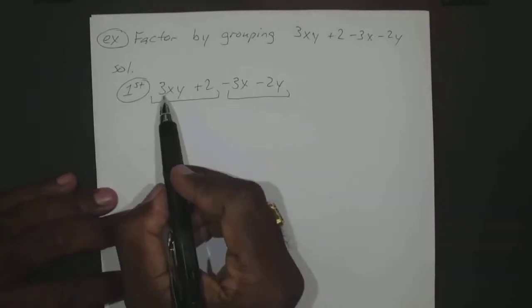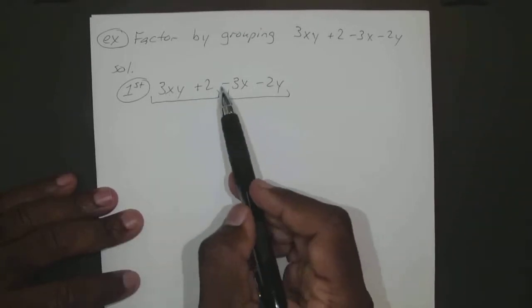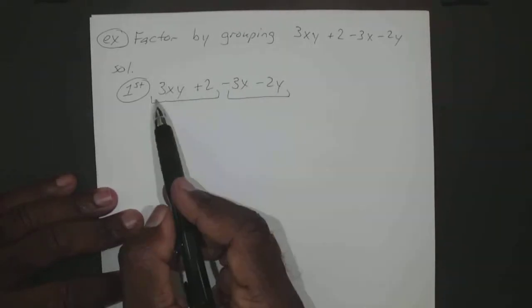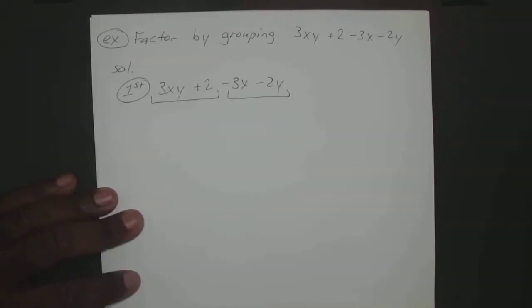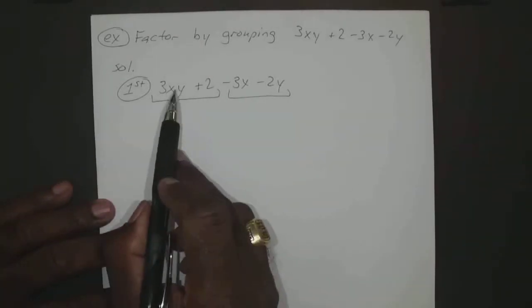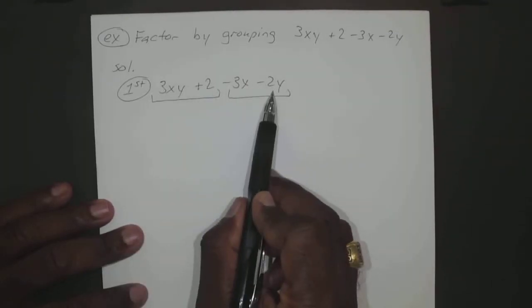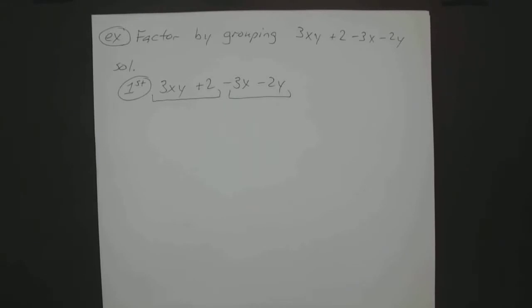Okay, but if you notice here, you don't have anything in common that you can factor out. Here you can factor out a negative 1, but this doesn't really help you here. Okay, so you can now just rearrange them a little bit. You can bring that 3x next to that 3x. That 2 next to that 2. So as long as the sign in front is the same, you can switch them around all you like.